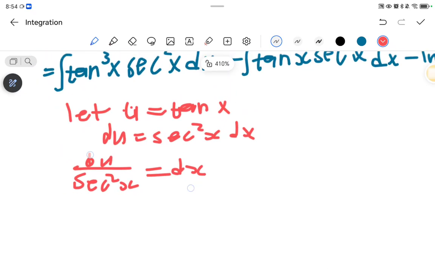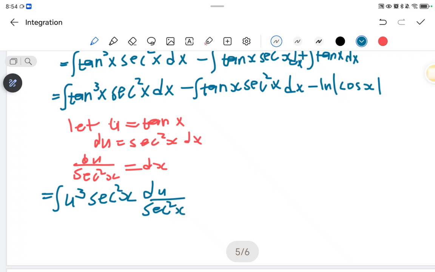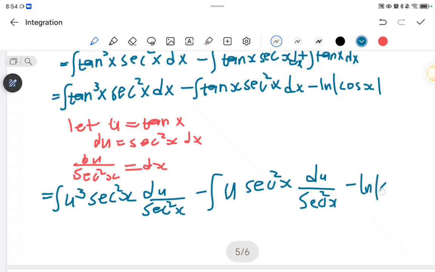Then when I go back to substitute there, I'm going to have the integral of u to the 3 sec squared x du over sec squared x, minus the integral of u sec squared x du over sec squared x, minus ln of cos x.